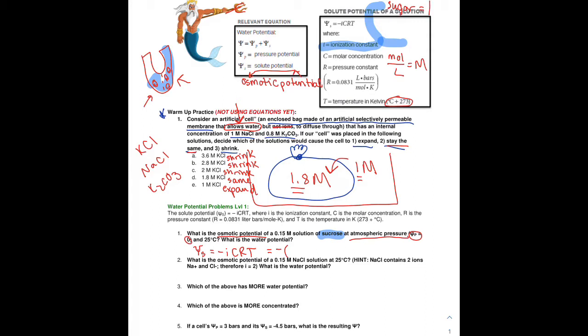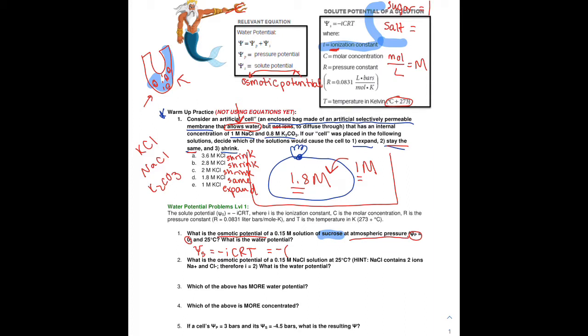And why is that? Your sugars are not going to break apart. They're not going to ionize in water, so they have an ionization constant of 1. They're going to stay together in 1 unit. Okay, if we're looking at a salt, well, those guys do ionize. So think of your sodium chloride.